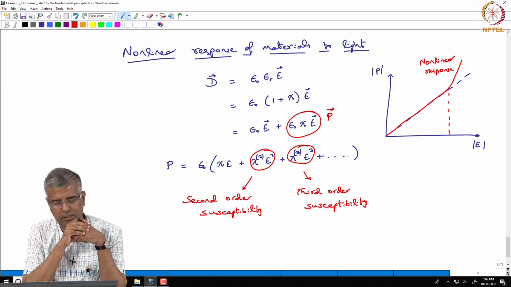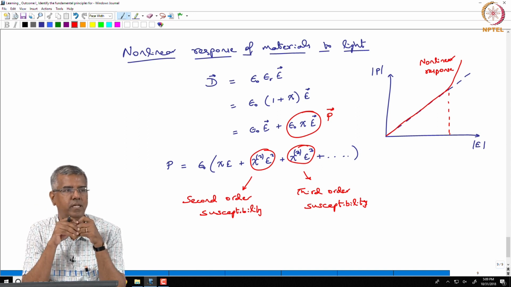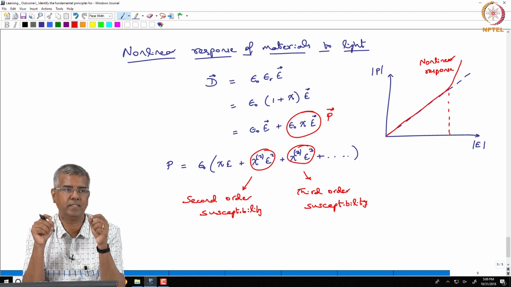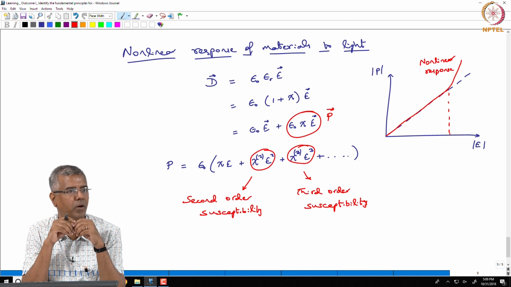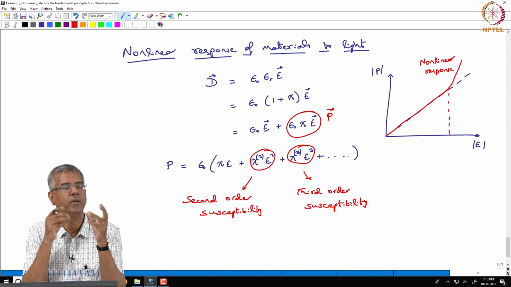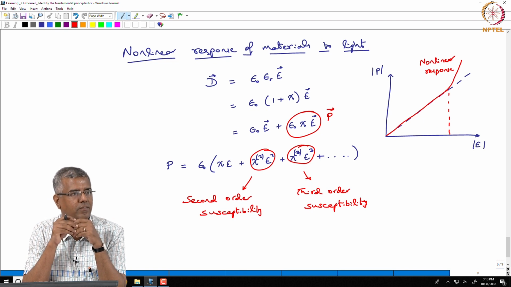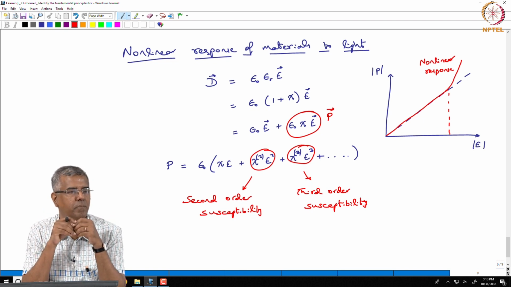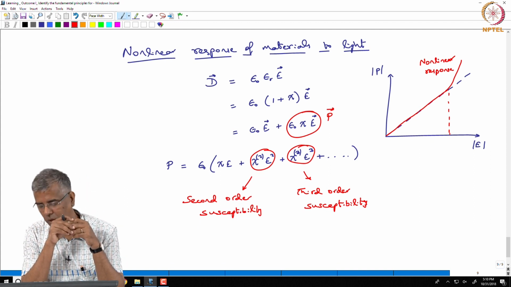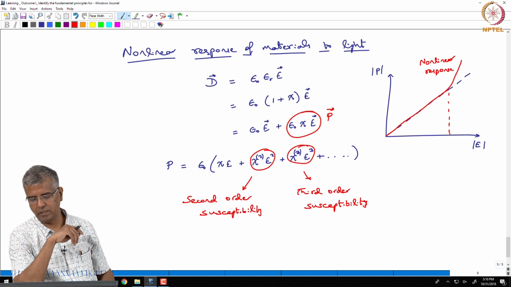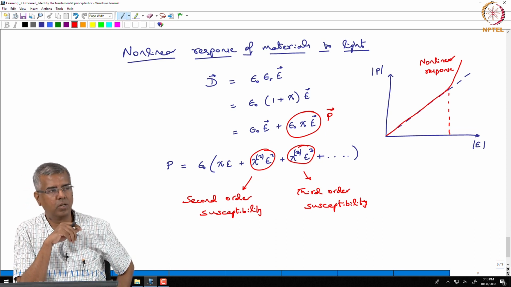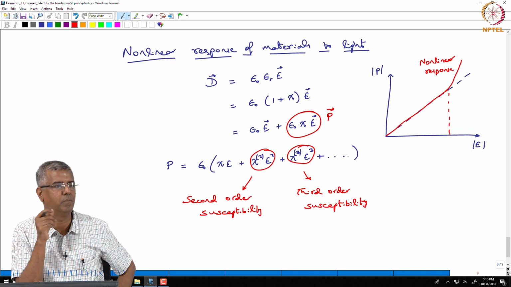You could have one field at one frequency and another field at another frequency. Both are exciting the same location, both are exciting the same mass spring model. So, what do you expect the response is going to be like? It will be a mixture of both those frequencies, right. So, now when you invoke these second order and third order terms, we are starting to talk about mixing multiple frequencies.